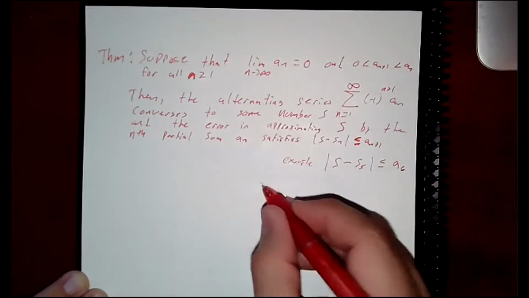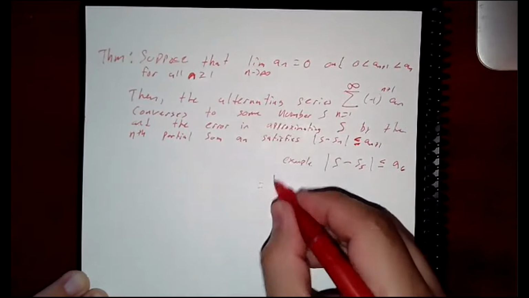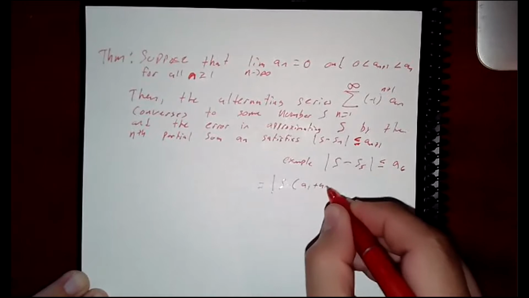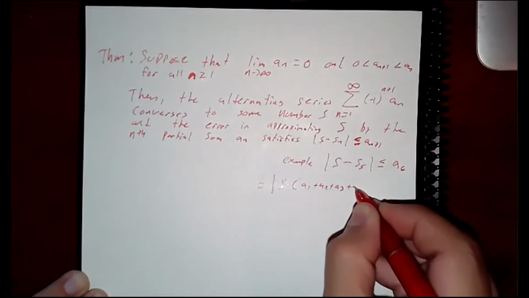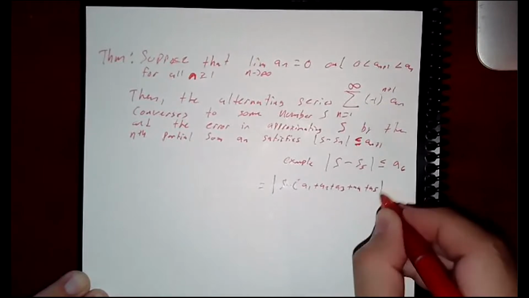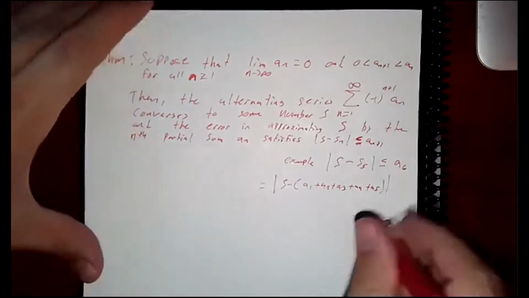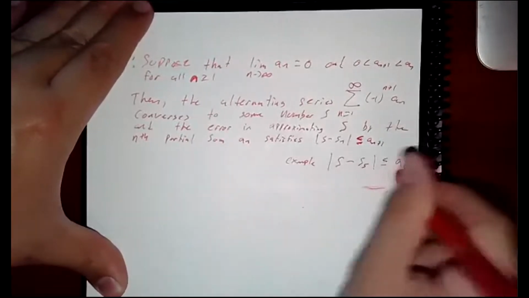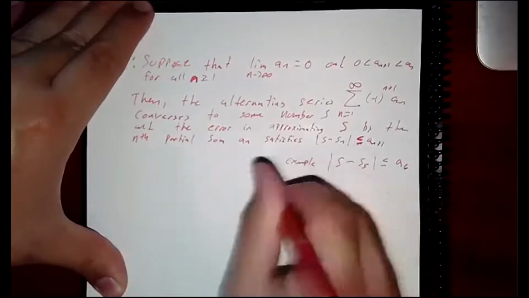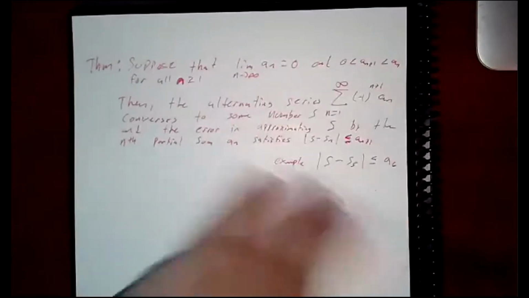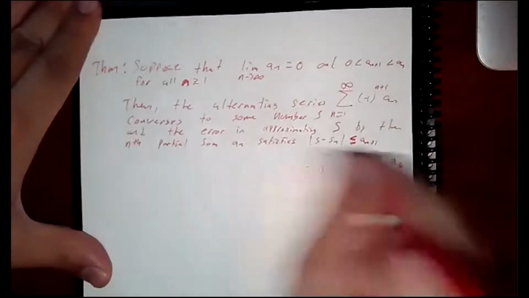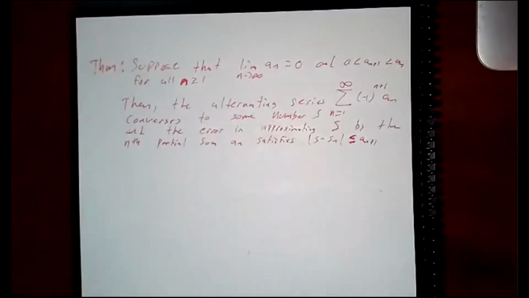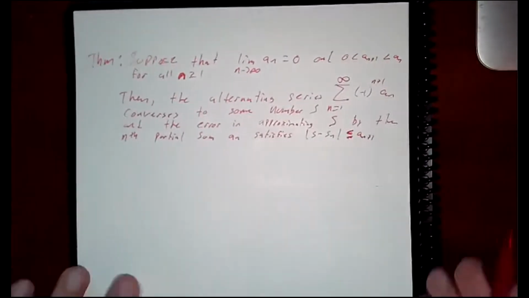So basically that would be saying that S minus a1 plus a2 plus a3 plus a4 plus a5 are all, let me write it somewhere else. There's not enough space here.